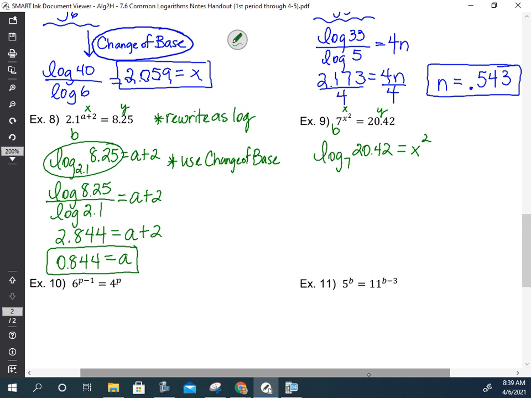So we do the rewrite, and then use change of base. The first 2 steps, for some of you, will take a lot less time than I'm showing. They're pretty simple steps to navigate through.